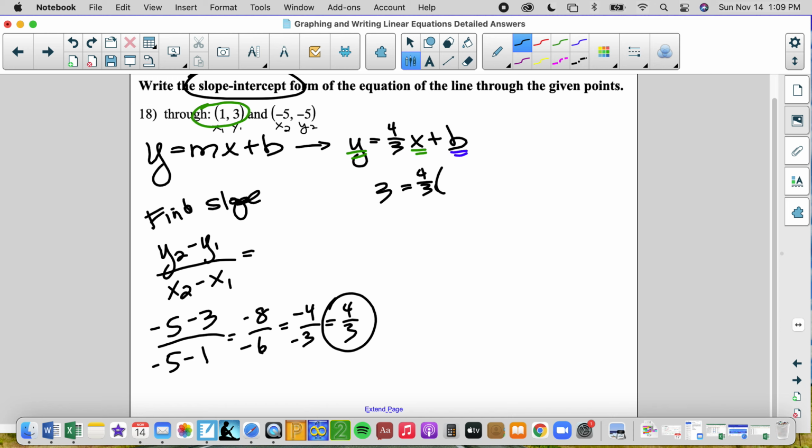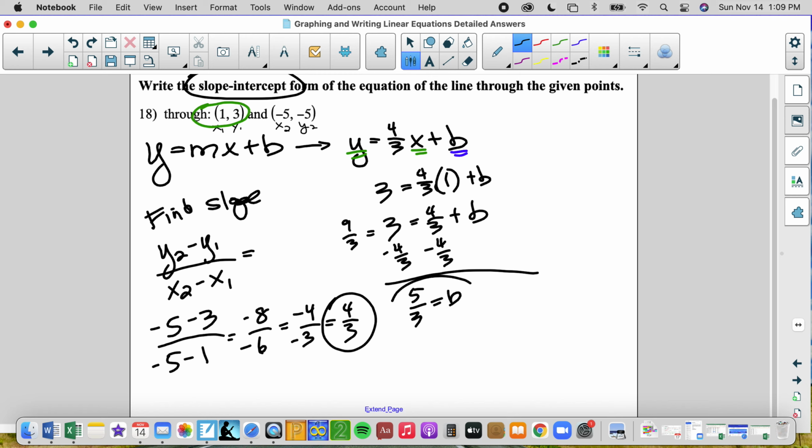My x value is 1 plus b. So we get 3 equals 4/3 times 1 is 4/3. We're going to subtract 4/3. You better know your fractions. So 3 is 9/3, so 9/3 minus 4/3 gives me 5/3 equals b.